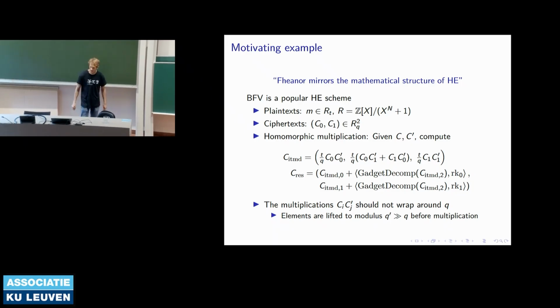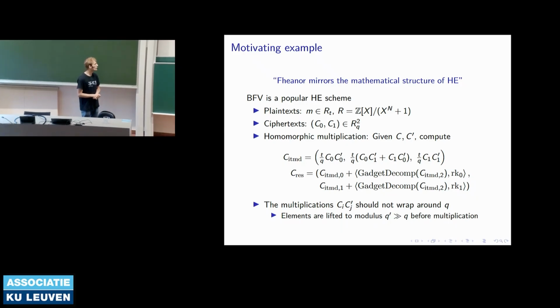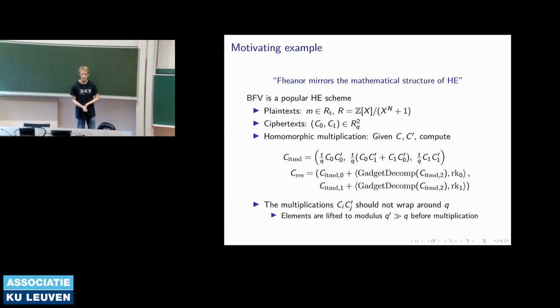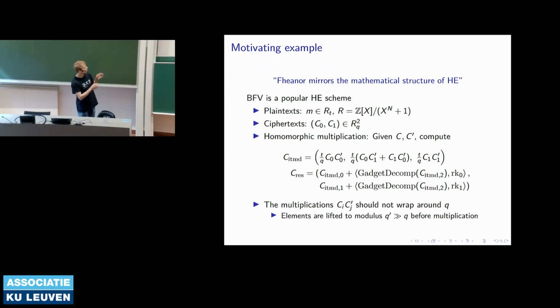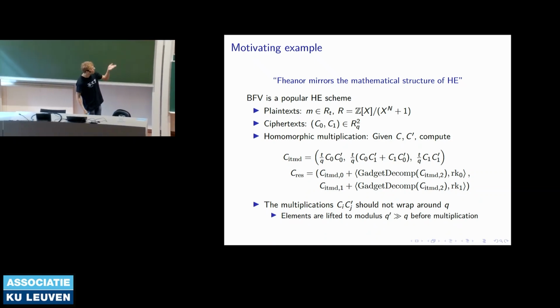It's important here that this product of two ciphertexts is not performed modulo q, and doesn't wrap around q, but is performed on the lifts of c or c' to R. Once you have this intermediate ciphertext, you would perform what's called relinearization, which can basically be written like this using a relinearization key, which consists of rk0 and rk1. Again, the exact details are not so important.